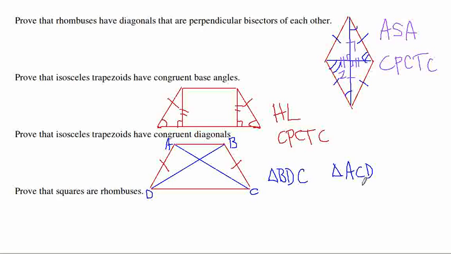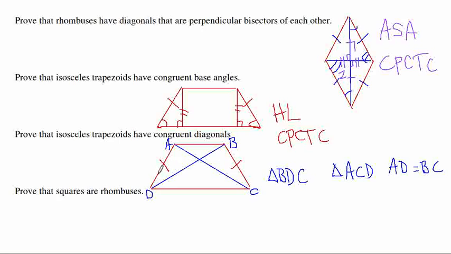Notice that both of those triangles share the bottom side. They also have another pair of sides that are congruent because AD is equal to BC.